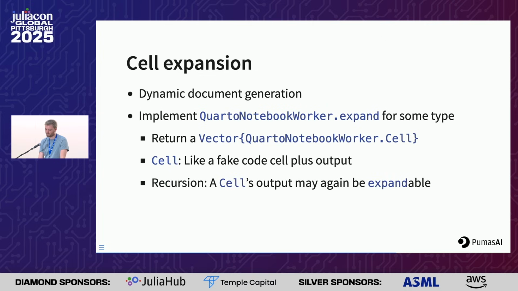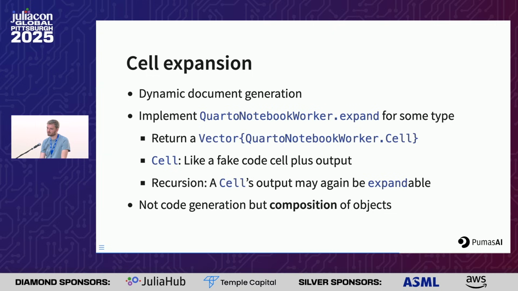And this whole system is recursive, so if the output of this fake cell again has something that is expandable, then it will happily continue expanding. So it's not code generation, it's not like you're writing some kind of weird macro-like thing which writes code as if you had written it and then executes it, but it's all value-based, which makes composition much easier.